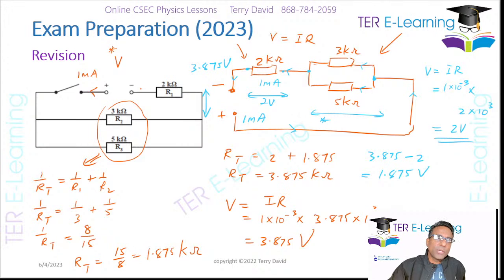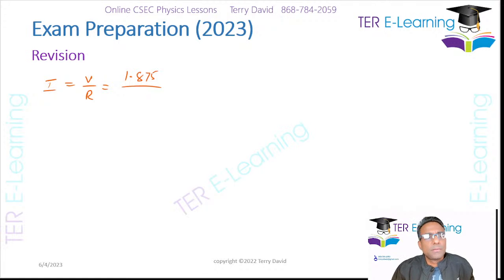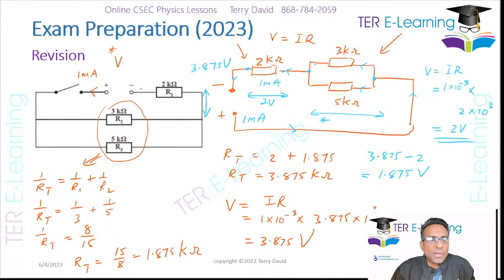Now, what do we do with that? You know the voltage across the 5 kilo ohm, so you can easily work out the current. I is equal to V over R. So this is 1.875 over your resistance. The value of the resistance in this case, let's go back, it's a 5 kilo ohm resistor.